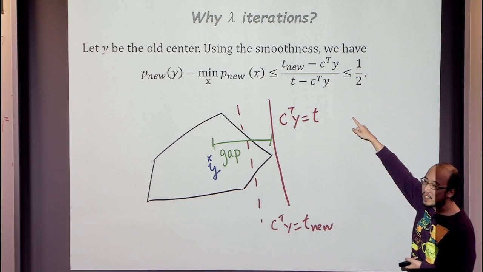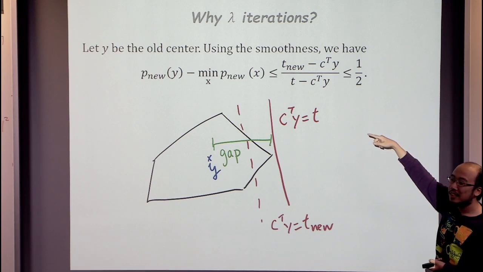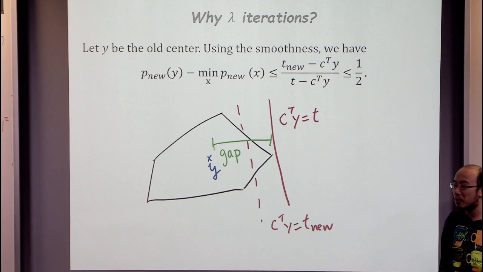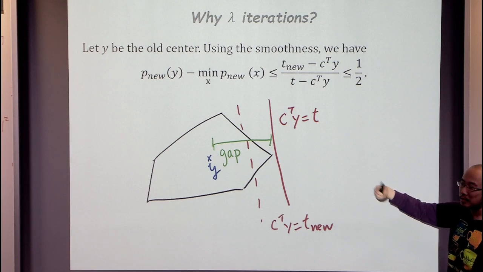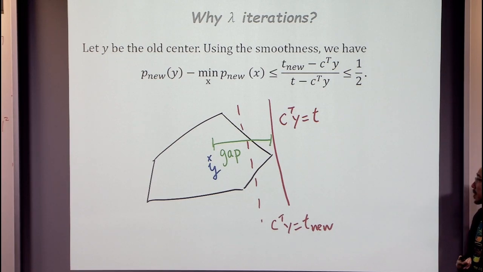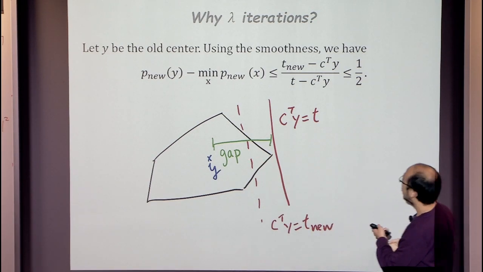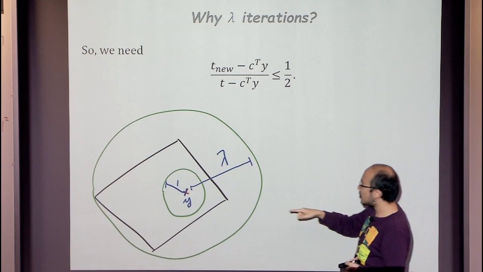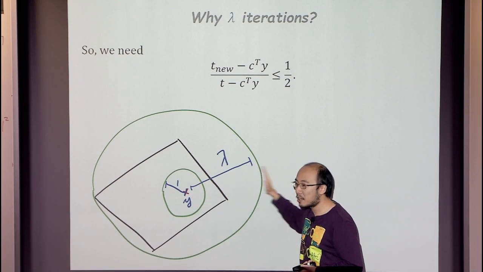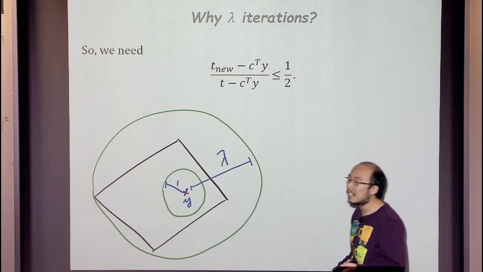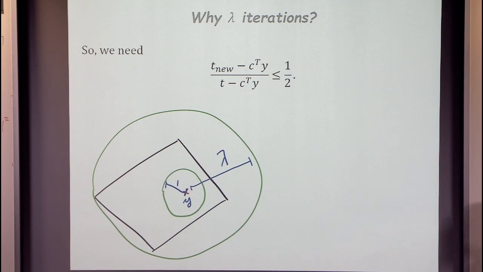When the new gap over the old gap is constant, then the old center approximates the new center very well, so you can find the new center by the Newton method. But now the problem is, do we know the gap is small? Imagine your new center is here and you want to push that way; then the amount you can move is very, very tiny. So now comes the rounding assumption.